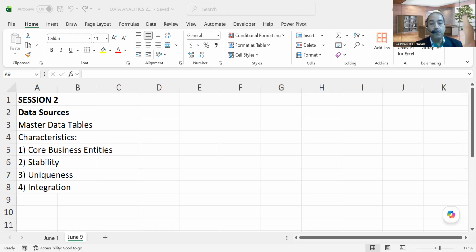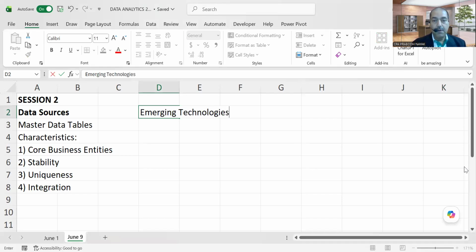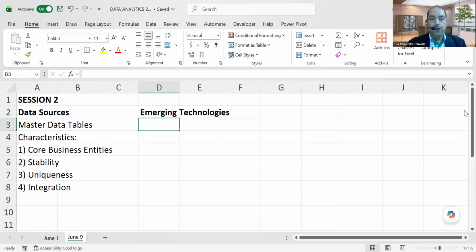Second thing that we are going to do now, this is the data sources. Second thing that I will be touching upon is what we are going to refer to as emerging technologies. Emerging technologies, though most of them have already emerged. They are already there in the system. So what are the emerging technologies?